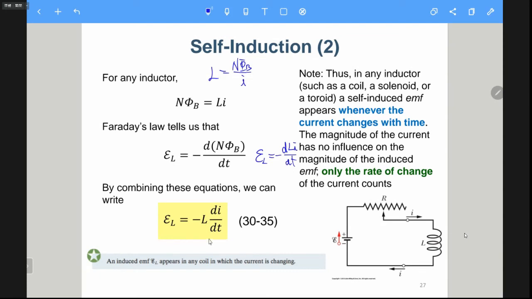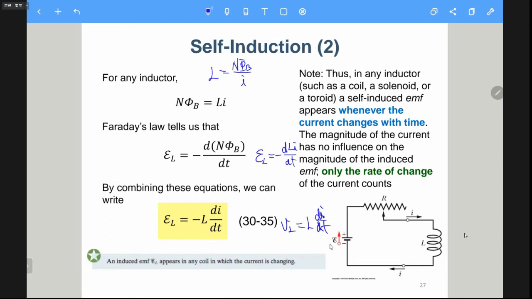Most of you should have learned circuit analysis. At that time, usually we will write it as V_L equals L dI dt. I usually use this one, and I seldom use the other one, although the textbook is written like that.